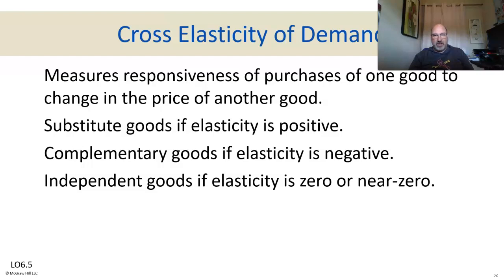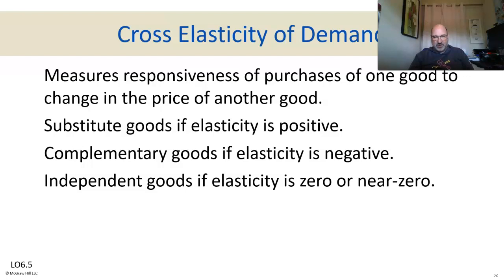If you think back to how this went, when we had substitute goods, if the price of one good went up, the demand for its substitute good also went up. So, name brand and generic: if the price of Tylenol went up, the demand for the generic good went up.